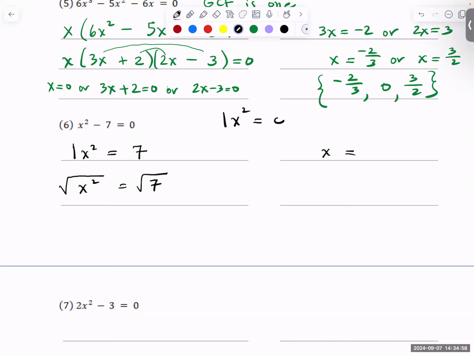So to cover that case of x being negative, we have absolute value bars equaling the principal square root of 7. So now we have two solutions for this absolute value equation. X, the argument, is either positive or negative principal square root of 7.